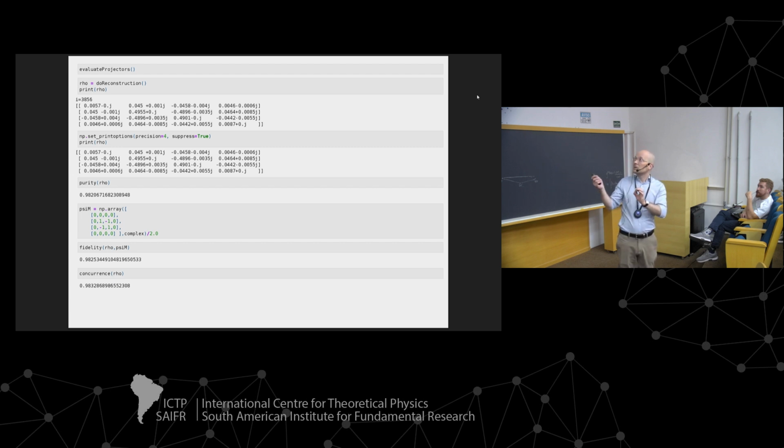But the derivation I showed you assumes that the sum of the projection measurement, like these P operators, is identity. And if this assumption is not fulfilled, then the derivation is not completely correct. We have to change it a little bit. And our extreme equation and then the iterative equation looks something a little bit different, but it's only small change.